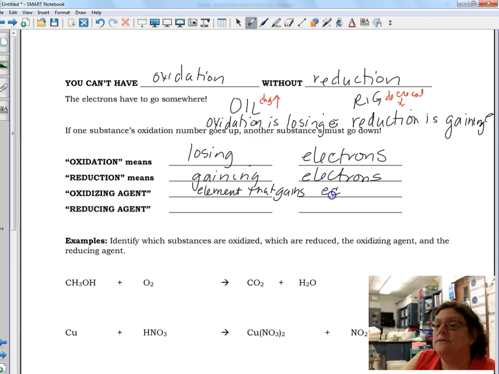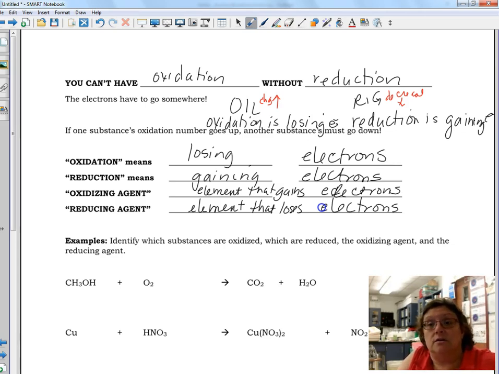It's the opposite. And the reducing agent is the element that loses. In other words, whoever's being oxidized is the reducing agent. And whoever's doing the reducing is the oxidizing agent. It's kind of silly. I really don't like it at all. But that's okay. It's not my choice.